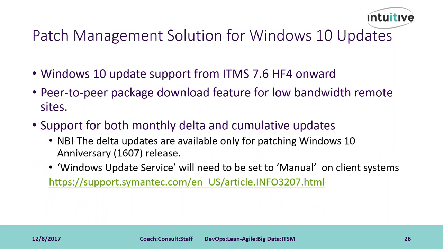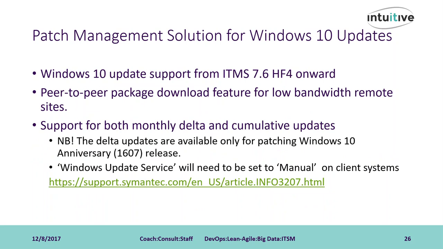These Windows 10 update features are fully supported in the ITMS platform, and they have been reaching back to, I believe, SMP version 7.6, hotfix 4. For smaller corporate sites where large file sizes are an issue because of the lack of an on-site package server, one of the enhancements in the 8.1 version of patch management is that it now supports data transfer efficiencies, which leverage multicasting and peer-to-peer package download capabilities.